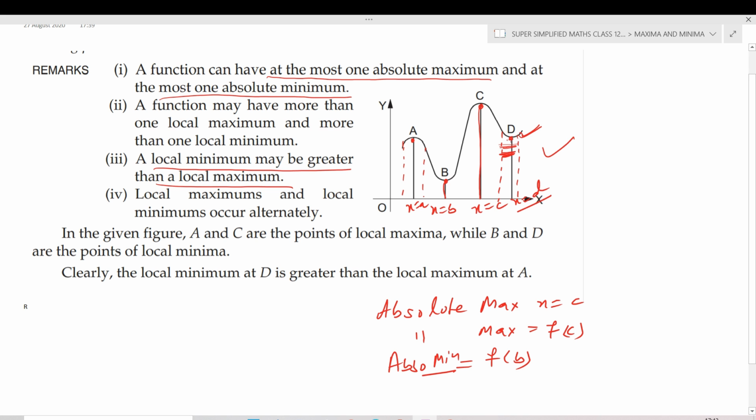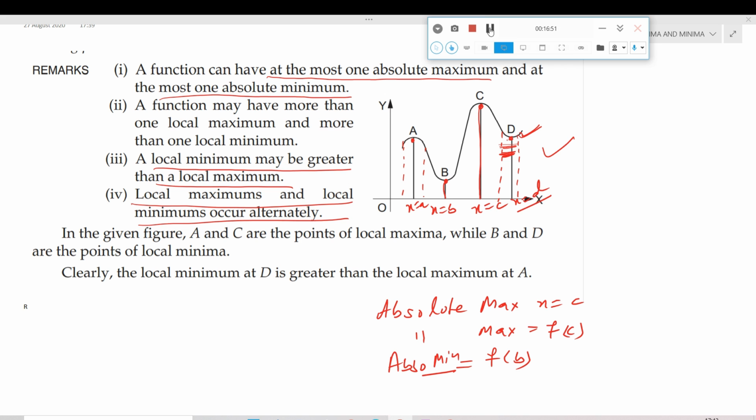Still D is at a higher level than A. So a local maxima can be less than a local minima because we are considering them in their own neighborhood. We are not comparing them with other farther values. And the next thing is that local maximums and local minimums occur alternately.